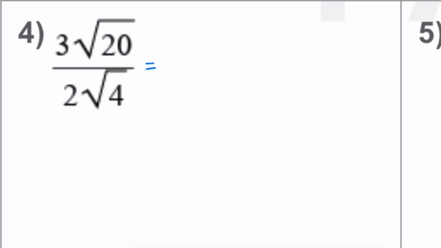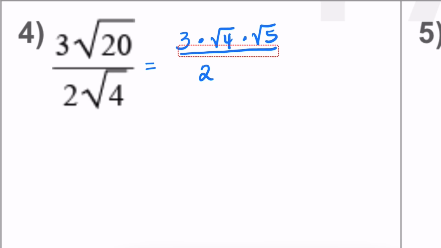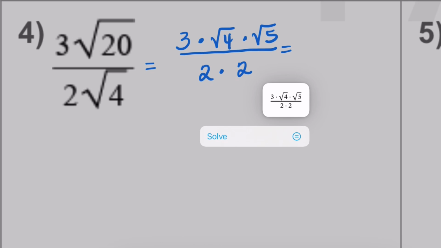Okay, anyway, let's just do it. 3 times the square root of 4 times the square root of 5, that equals 20. And then you have 2 times 2, because the square root of 4 is 2. That's where it comes from.